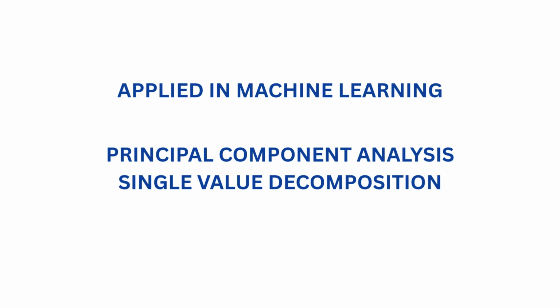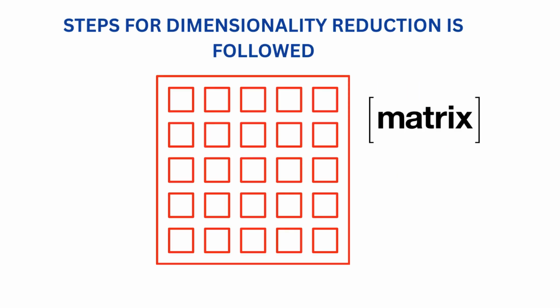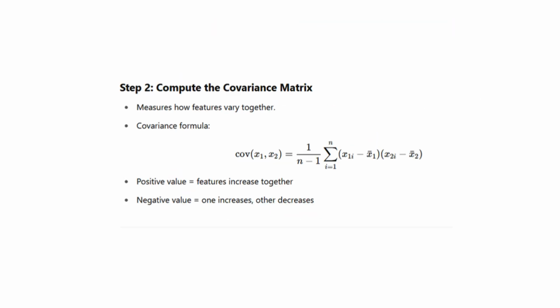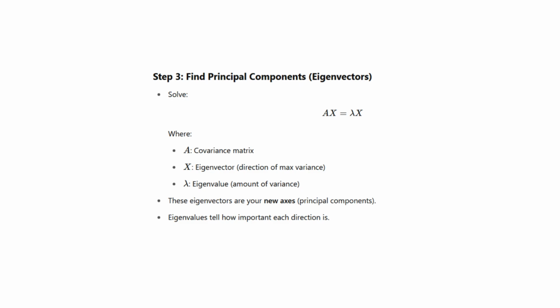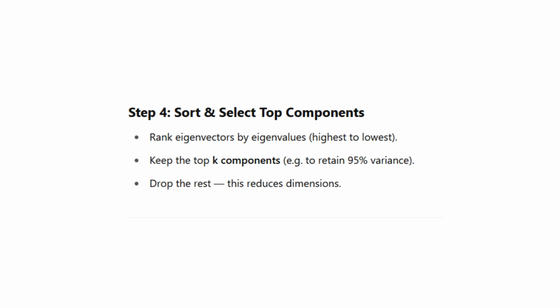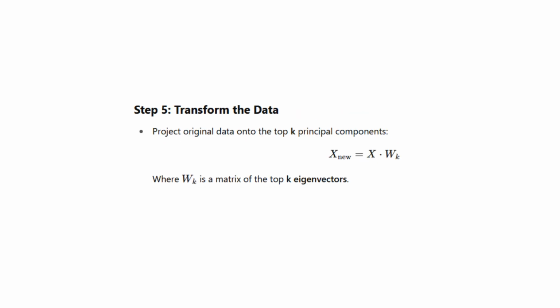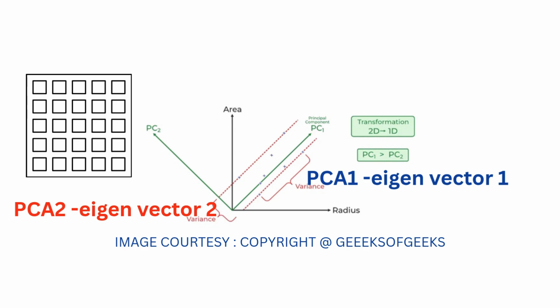Basically these eigenvectors and eigenvalues are a set of mathematical operations done on multi-dimensional matrices, where after performing several steps we come to a point of reducing this multi-dimensional matrix to a low dimensional matrix. Say for example you had 100 features for 100 students, so basically 100 cross 100, 100 rows and 100 columns.